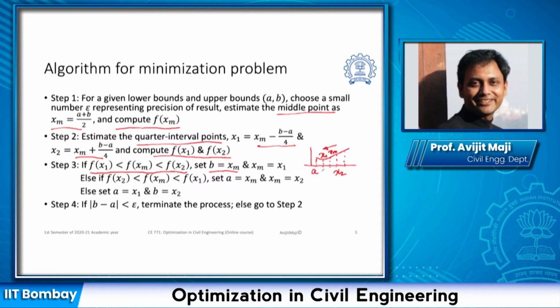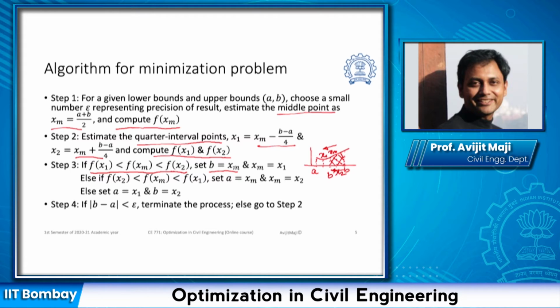So this is my boundary A and B. We can reasonably say that our optimum solution is not going to lie in this hatched region, and hence we are removing this and we are moving our boundary, the upper boundary, to here.